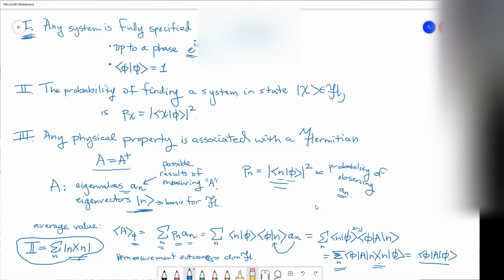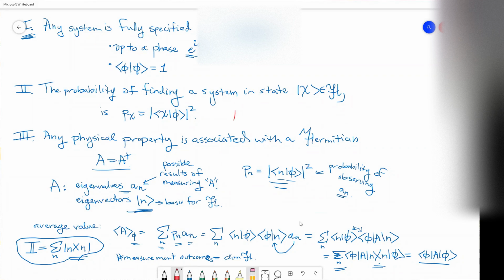We can also compute expectation values if phi is not normalized, right? You could, but then it wouldn't correspond to the average of a physical property of a system. Okay. Okay, so any more questions? These are really pretty important.